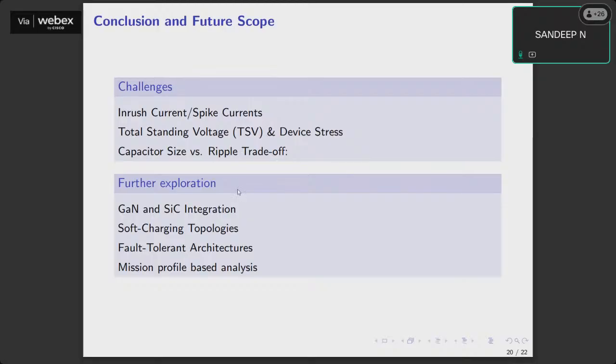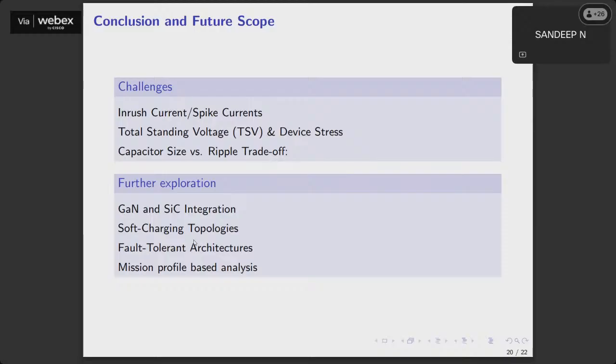Okay. Now, what are the further explorations that we can look into is to go for GaN or SiC kind of devices, right? And soft charging topology. So this is what I was talking about. We can go for resonant based topologies where the capacitor would be soft charged instead of a large surge current, right?